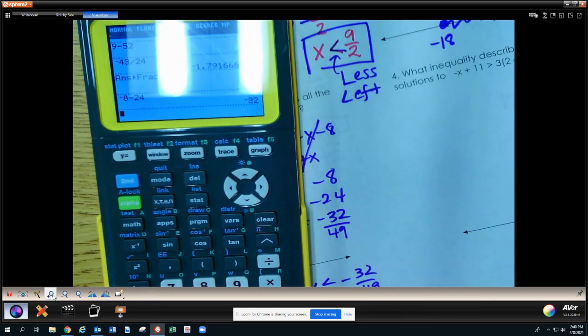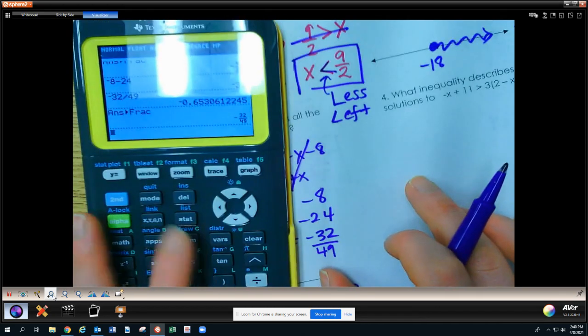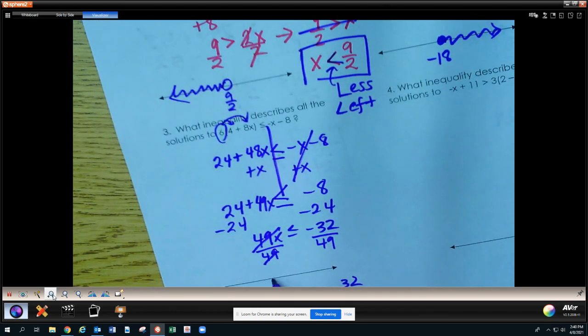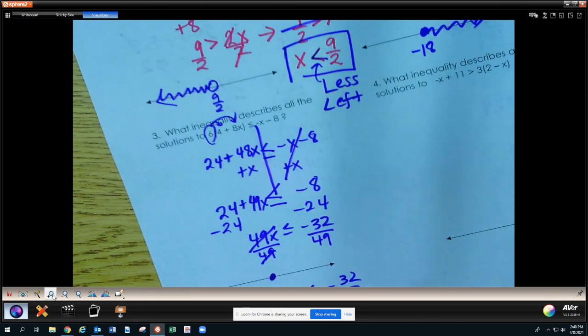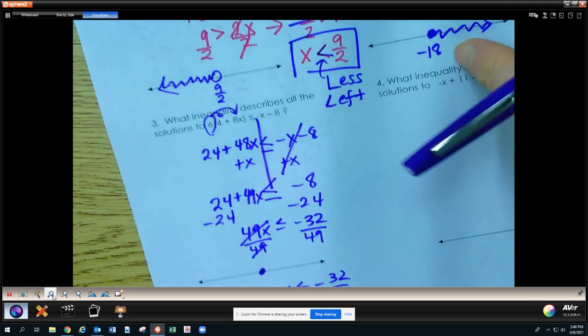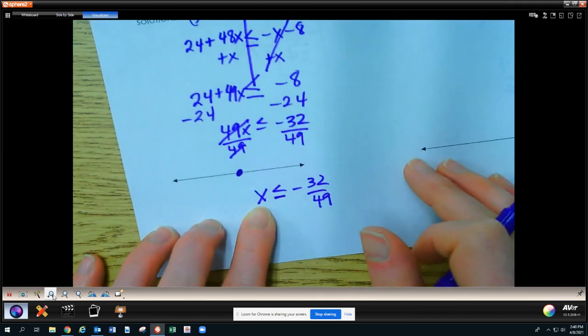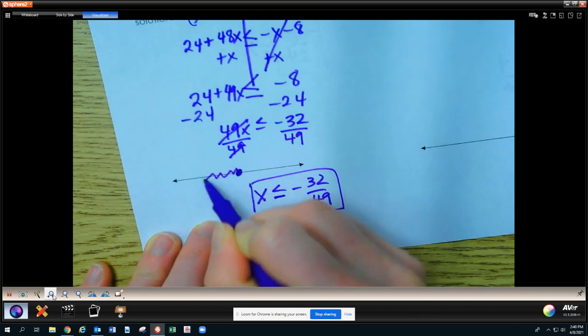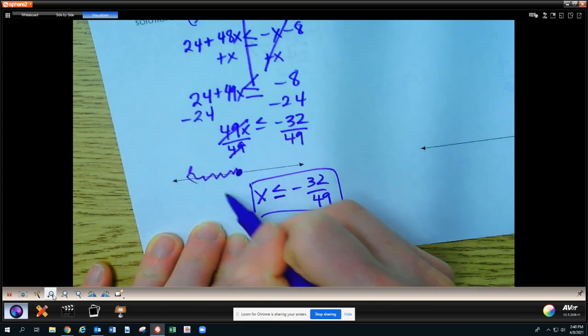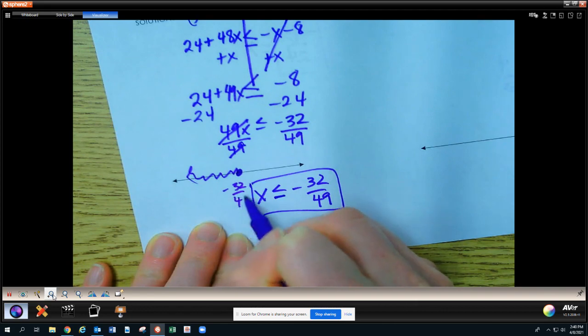Double check, make sure -32 over 49. Math, enter, enter. That's as simple as it gets. Okay, so on our number line, we're going to have a closed circle once again because of this line underneath the inequality. Off the screen. And then that is an L. That's a less than, so we're going to shade to the left with the negative 32 over 49.